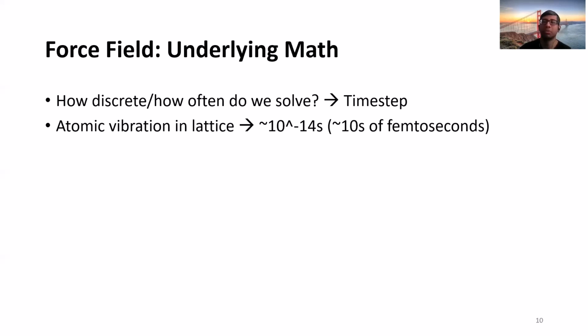Let's say you have to solve the equation every femtosecond, 10 to the power minus 15 seconds, in order to capture what is happening at the atomic level in the lattice. So the answer to the question, how often do we solve, is that it is generally in line with the frequency of atomic vibration in a lattice, that is 1 femtosecond generally.